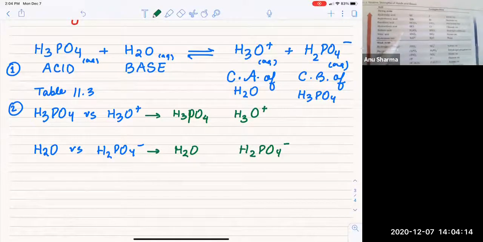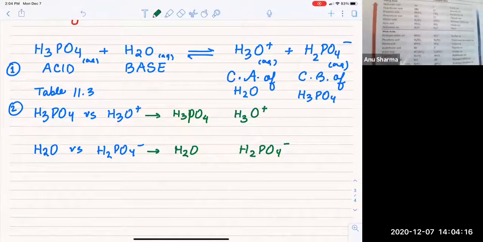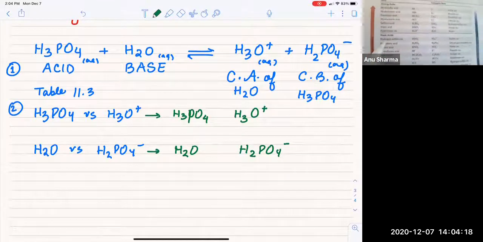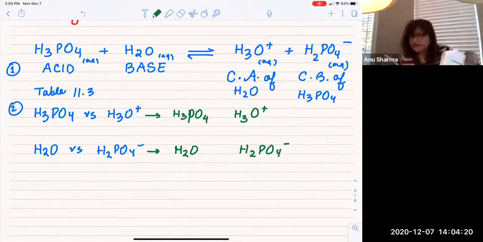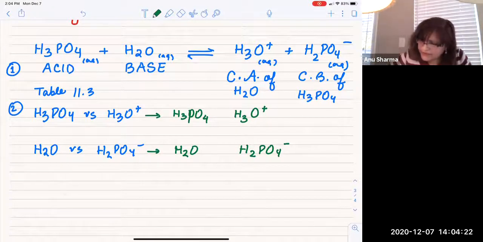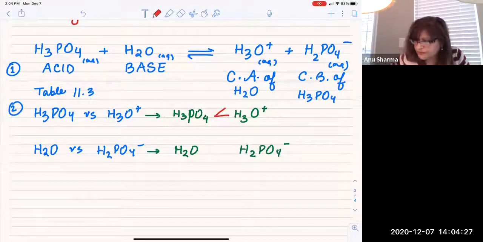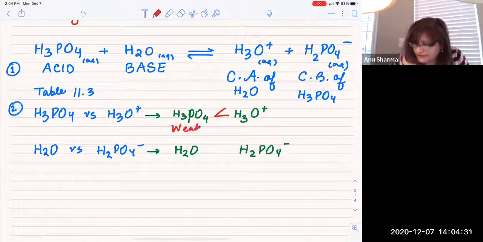It's towards the stronger side, and H3PO4 is somewhere lower than that. So H3PO4 is weaker than H3O plus. H3PO4 is a weaker acid than the hydronium ion. Hydronium ion is stronger in comparison.